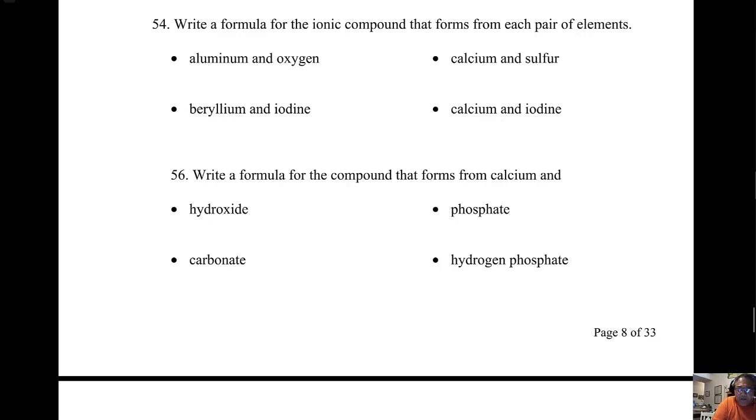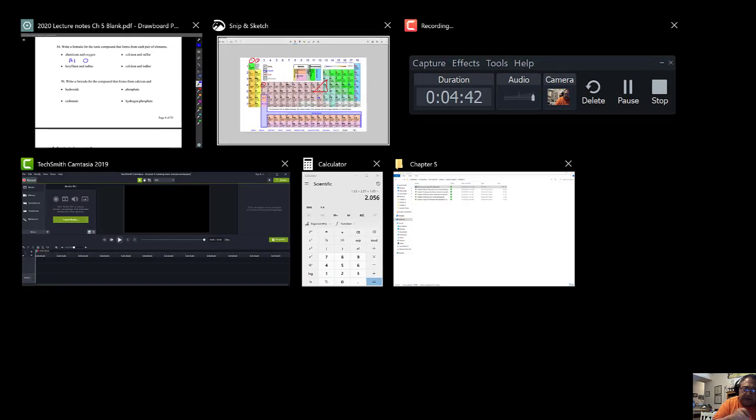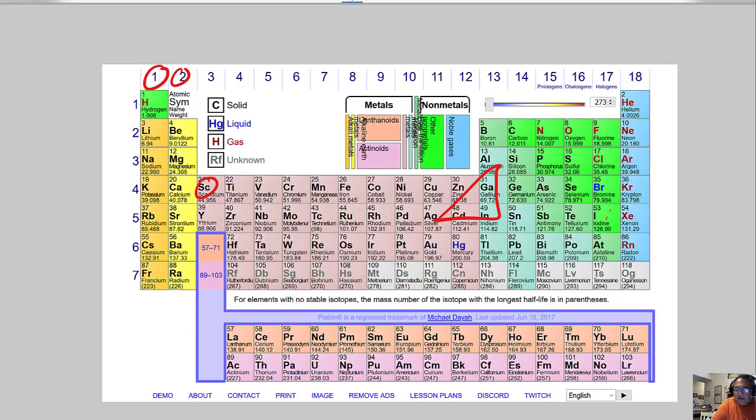So aluminum, Al, and oxygen, O. In order to write the formula for the ionic compound, we have to figure out what the charges of their ions are. So I'm going to go over here, and we're going to find aluminum and oxygen. You may be familiar, but aluminum was this top one here. So aluminum is +3.